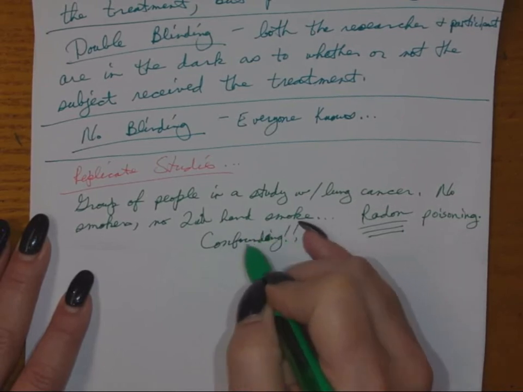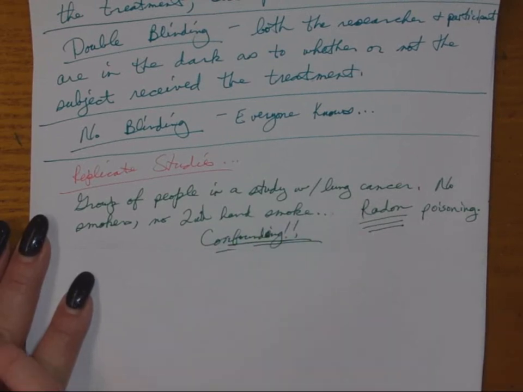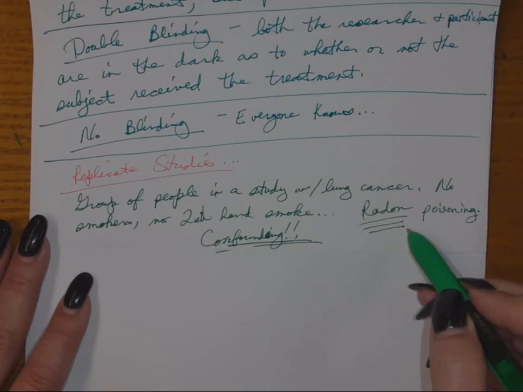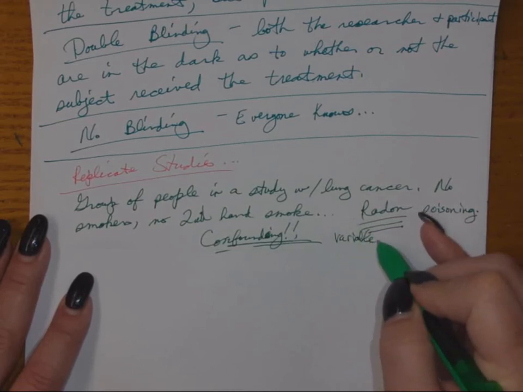Confounding, confusing, something that doesn't make sense, that we have this group of people with lung cancer and they don't have any contributing factors, until we find this one thing, a variable we had no way of knowing about, that they were having radon seep in through the ground into their homes and it was poisoning them. But it's this other variable we didn't know about.